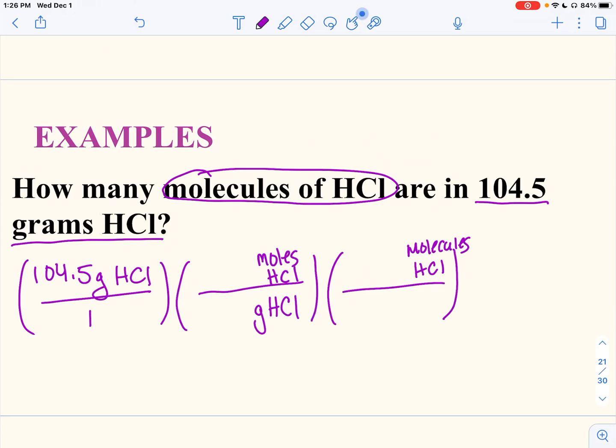And then you always drop down your unit. So as soon as we have moles up there, we put it on the bottom here. And that, quite frankly, is the hardest part of stoichiometry, is just figuring out the units. Once you have that, it's pretty easy to figure out the numbers.